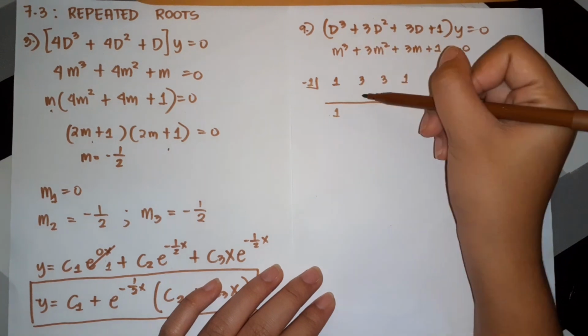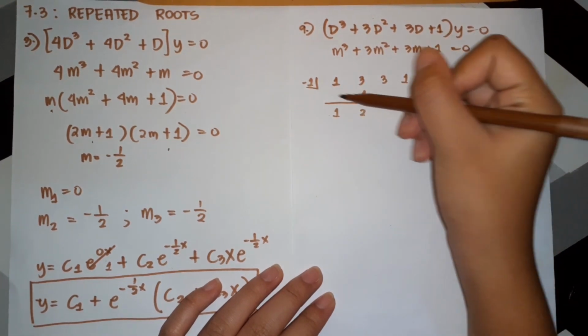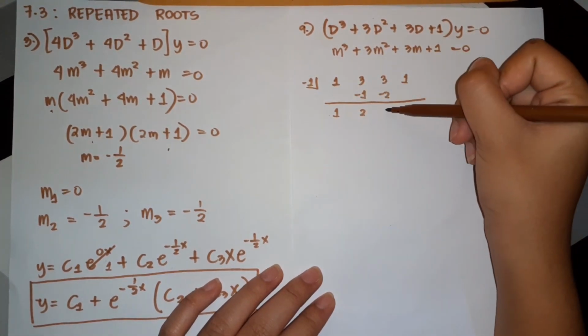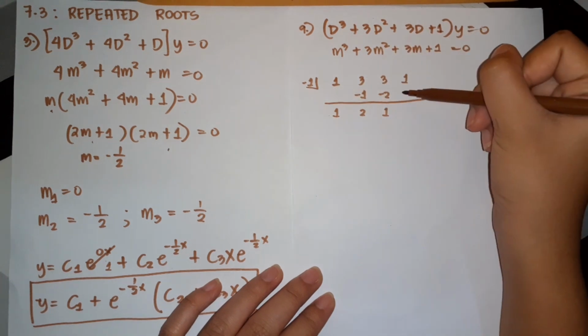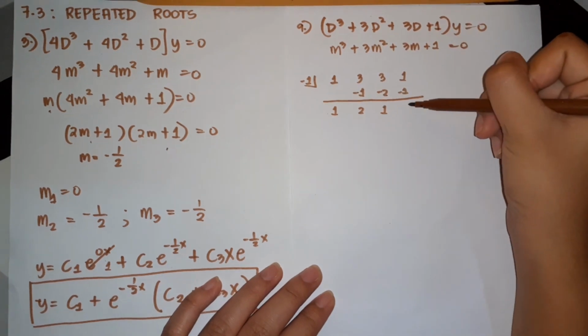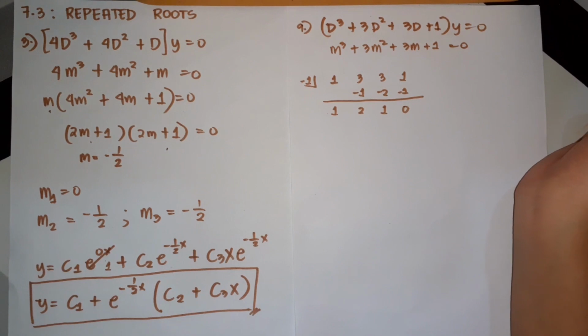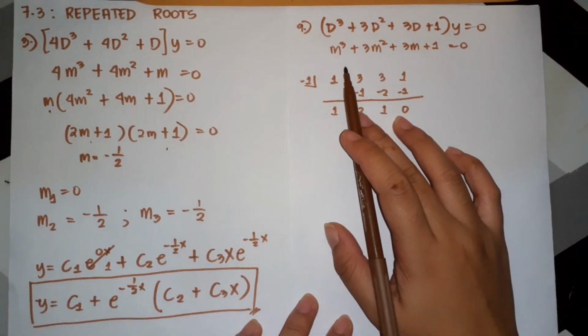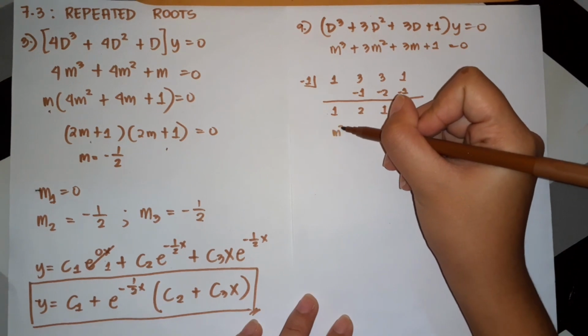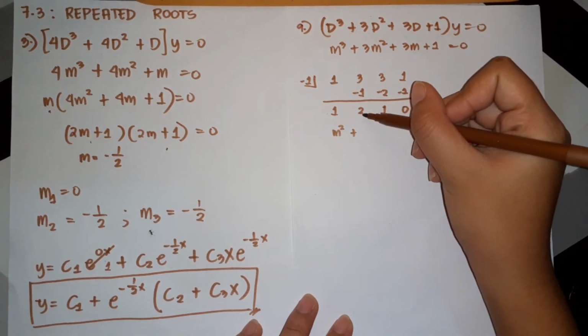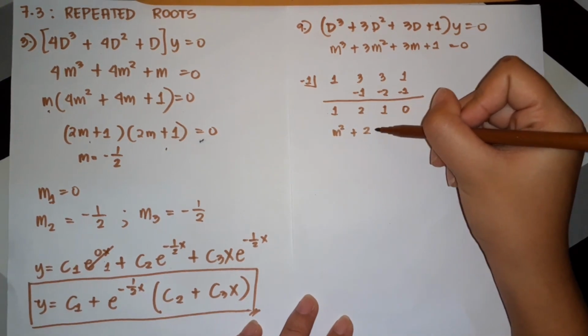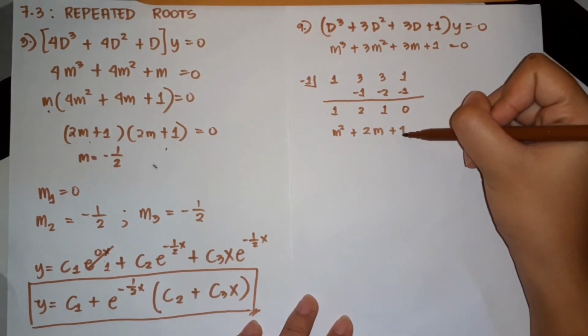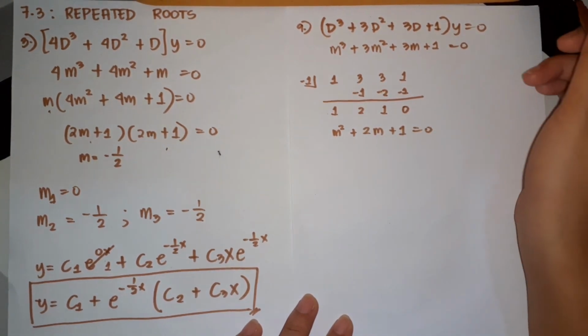So bring down 1, negative 1, this will be 2, negative 2, this will be positive 1, and negative 1 plus 1 is equal to 0. So next, this will be m squared plus 2m plus 1 is equal to 0.